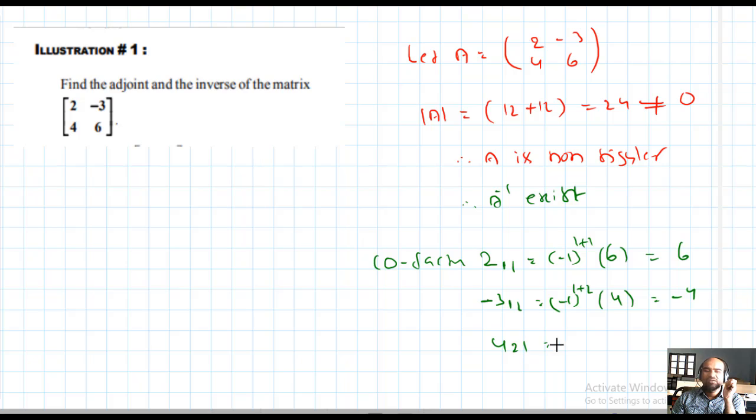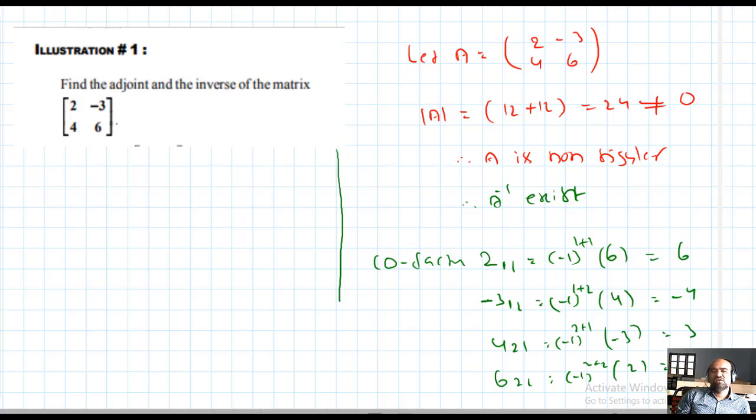Next 4, that is 2 1, minus 1 power 2 plus 1, into that row, that column removed, minus 3. Already here 1 minus, totally 3 we will get. Next 6, that is 2 2, minus 1 power 2 plus 2. Students, directly I can say that is 2. Totally 2. Cofactor matrix, 2 by 2 easy only. Direct method also there, I will explain that later.